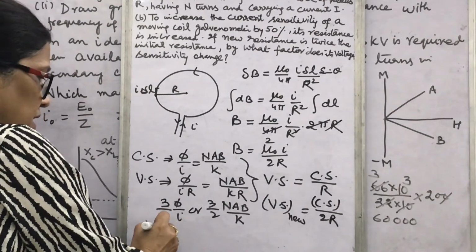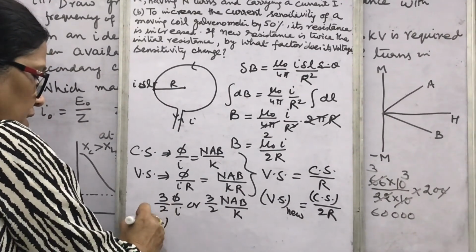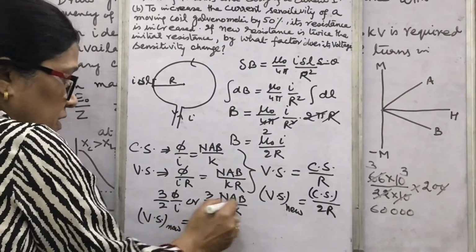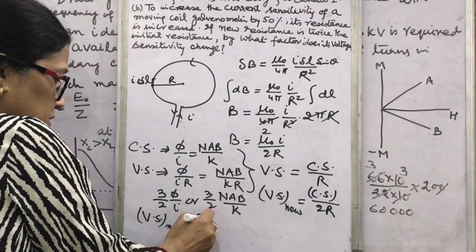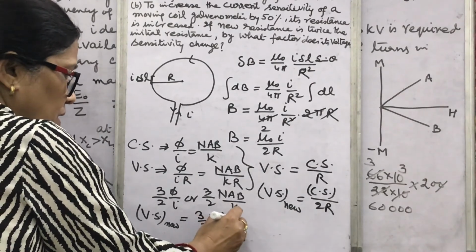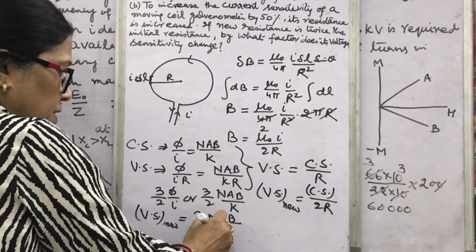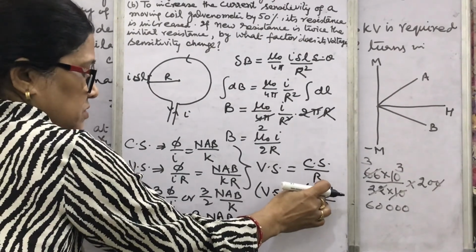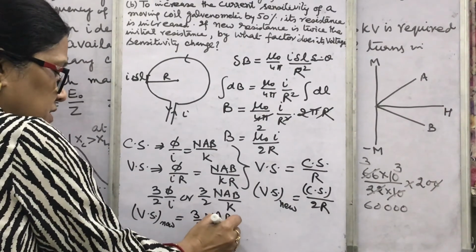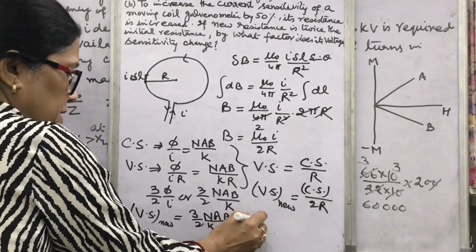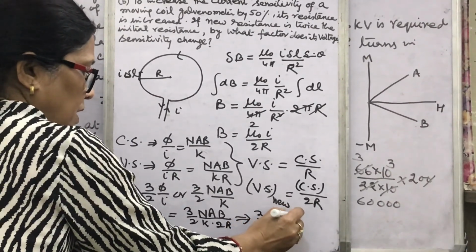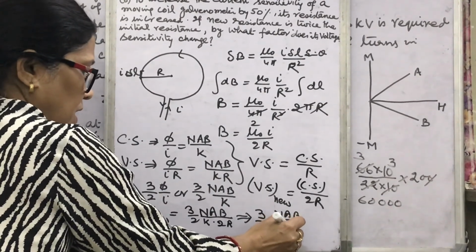So the new voltage sensitivity is 3 by 2 NAB upon K, upon 2R. This can be written as 3 by 4 NAB upon KR.